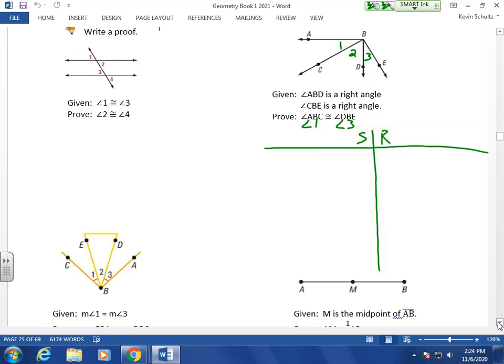Now that we're pros at this, we can just abbreviate S and R because we're proof veterans. Okay? And what is our first statement? What do we know? The given. Okay? Now, ABD, since it includes angles 1 and 2, this one we should keep with the letters. ABD is a right angle, and CBE is a right angle.